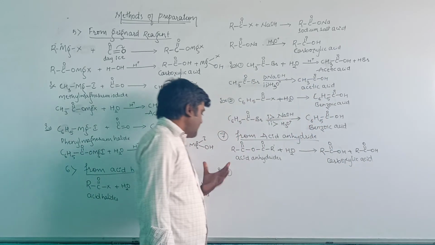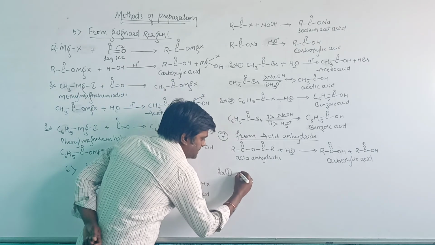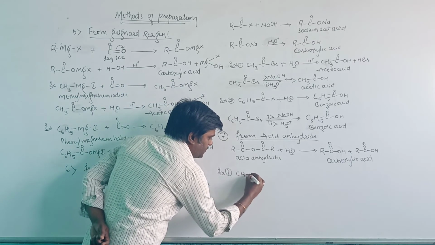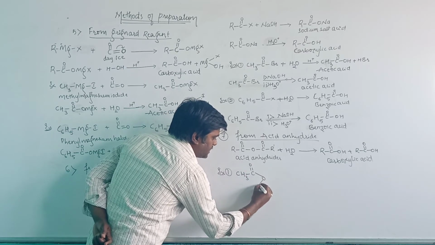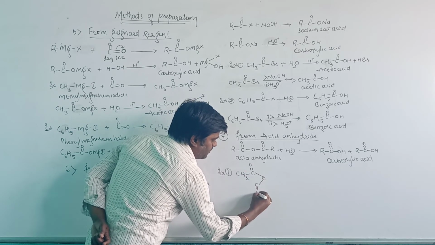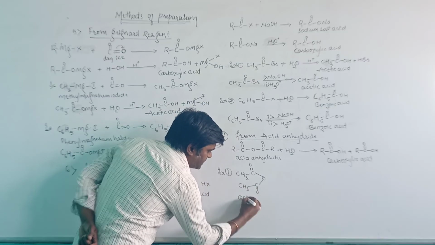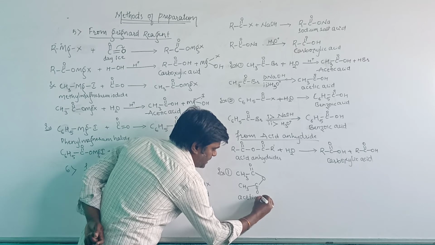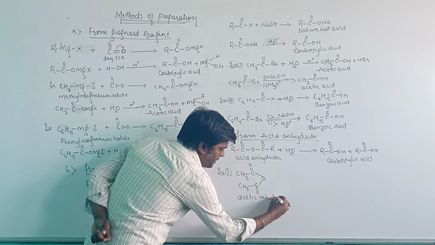Here we can take one example. CH3 C double bond O, then we can write like this also, C double bond O CH3. This compound is known as acetic anhydride.